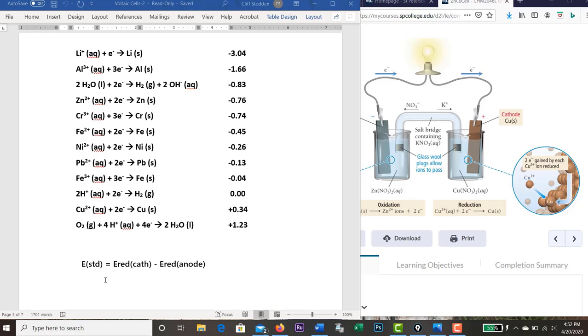And for this particular system, the zinc copper, that would be equal then to 0.34, and that's in units of volts, minus, now the E reduction up here for the zinc is a minus 0.76, so that would be minus a negative 0.76 volts again. Okay, so you're basically adding 0.34 and 0.76, and that's where the 1.10 comes from. So that's how you get the voltage for the standard zinc copper cell.